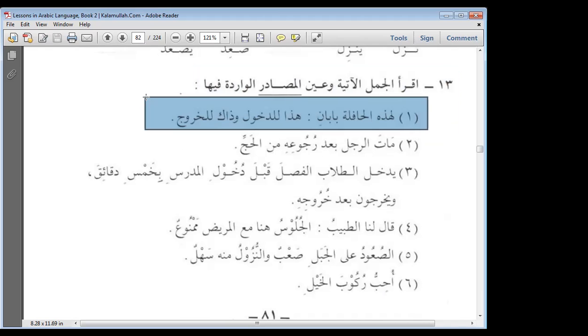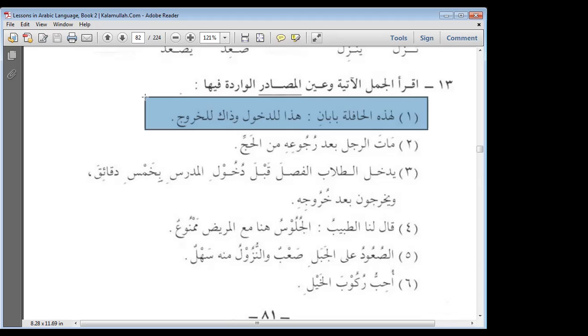لهذه الحافلة بابان. هذا للدخول وذاك للخروج.